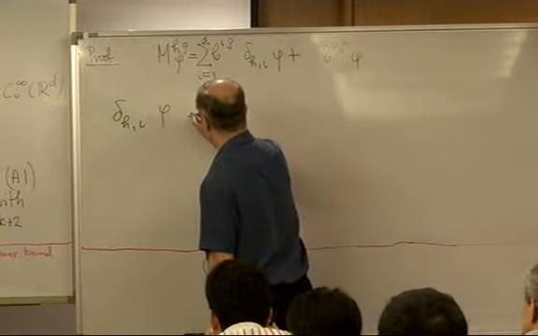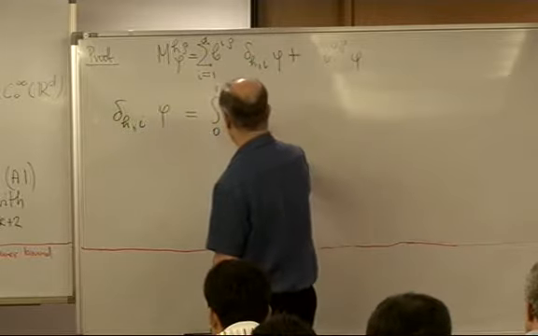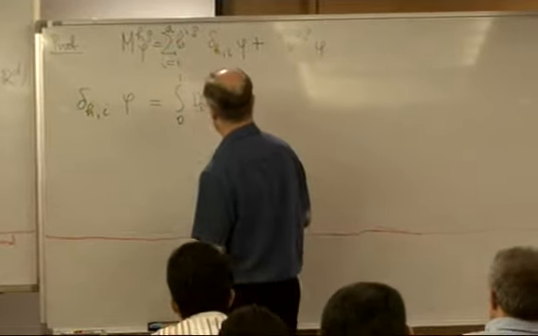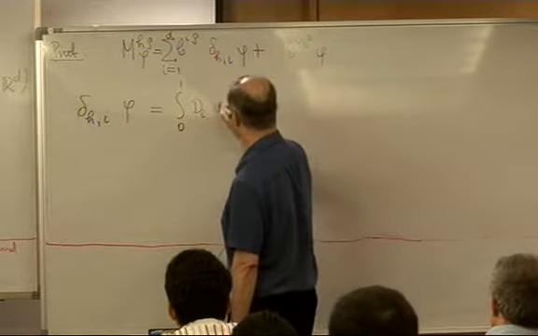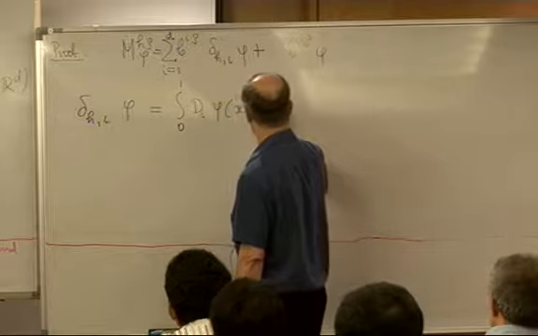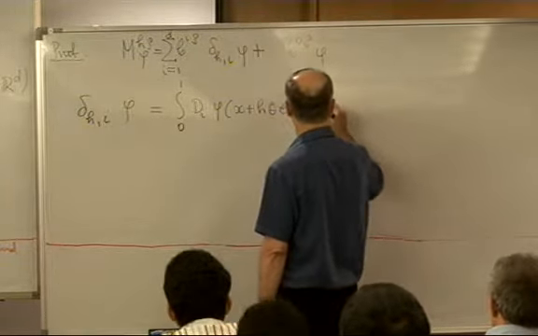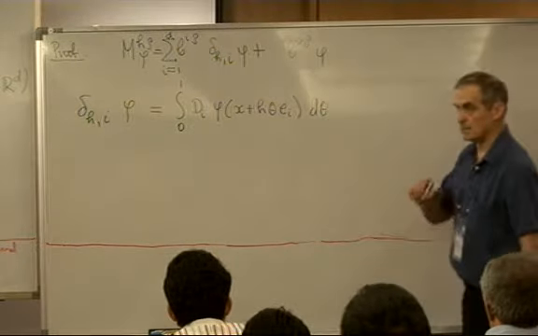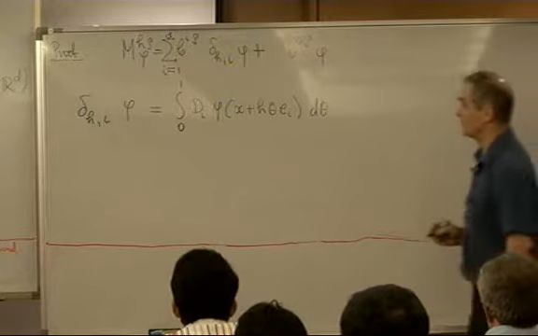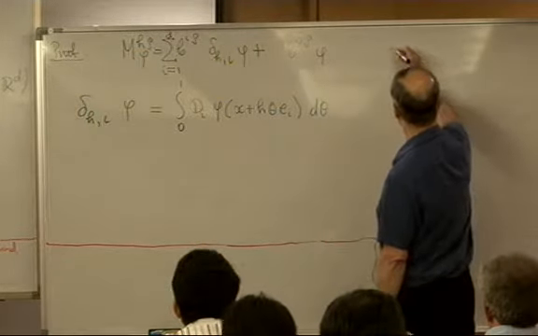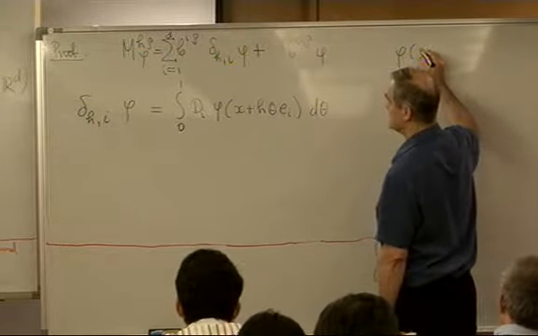Now this one can be written as the integral from 0 to 1 of the derivative in the direction of e_i of phi at x plus h theta e_i, d theta. We can see it from the Taylor formula, or the fundamental theorem of analysis.